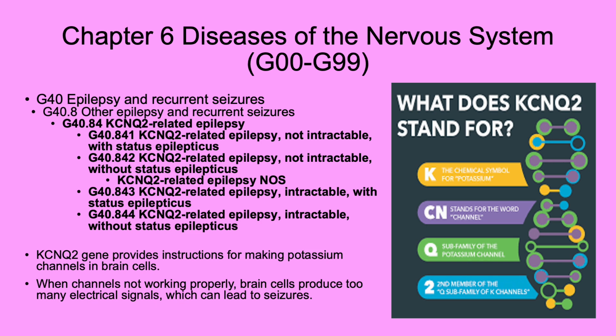When these channels are not working properly, brain cells produce too many electrical signals, which can lead to seizures. And you have codes for not intractable with status epilepticus, not intractable without status epilepticus, intractable with status epilepticus, and intractable without status epilepticus. So this is a whole new set of codes under the other epilepsy and recurrent seizures category.